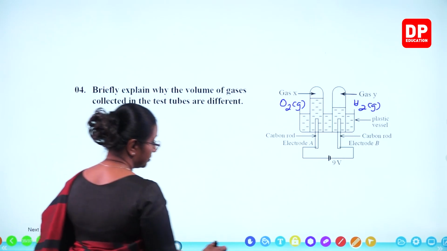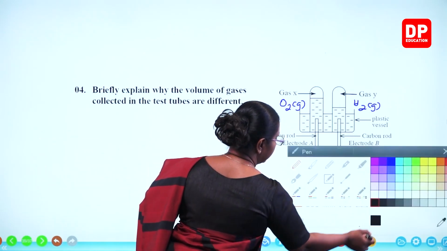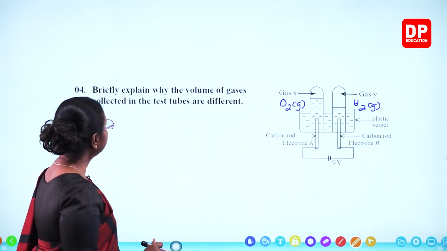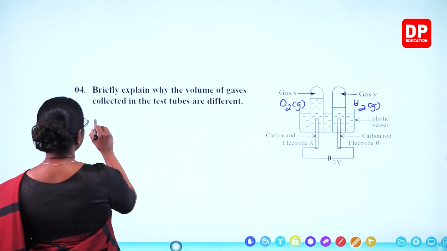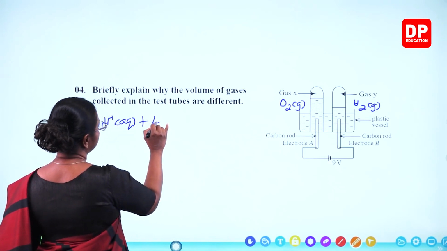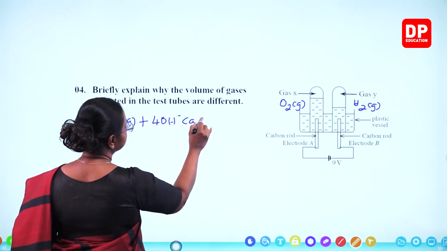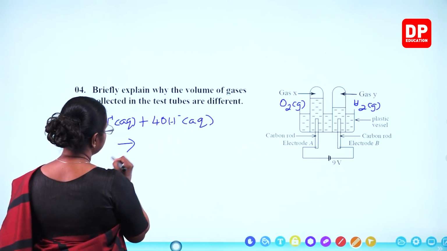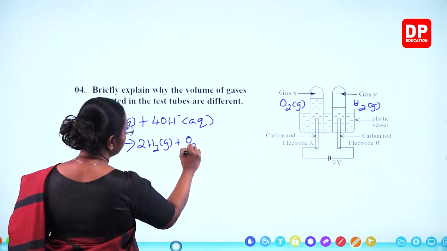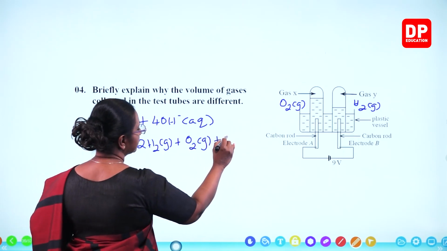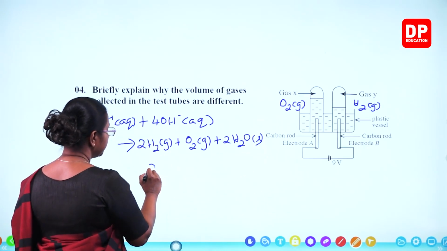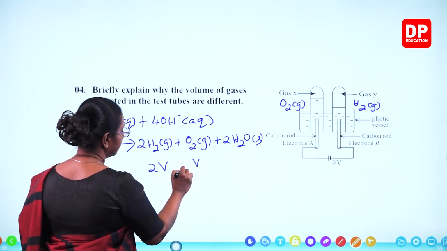So here you can see, students. In this, what we can do is we can write the equation there. So here we can say 4H plus aqueous plus 4OH minus aqueous gives rise to 2 H2 gas plus O2 gas plus 2 H2O liquid. Now this is 2 volume is to 1 volume.